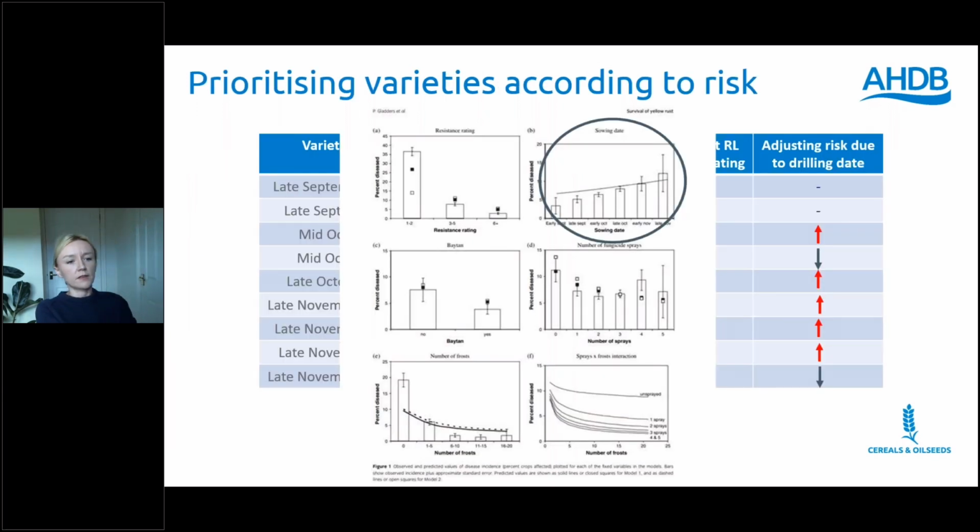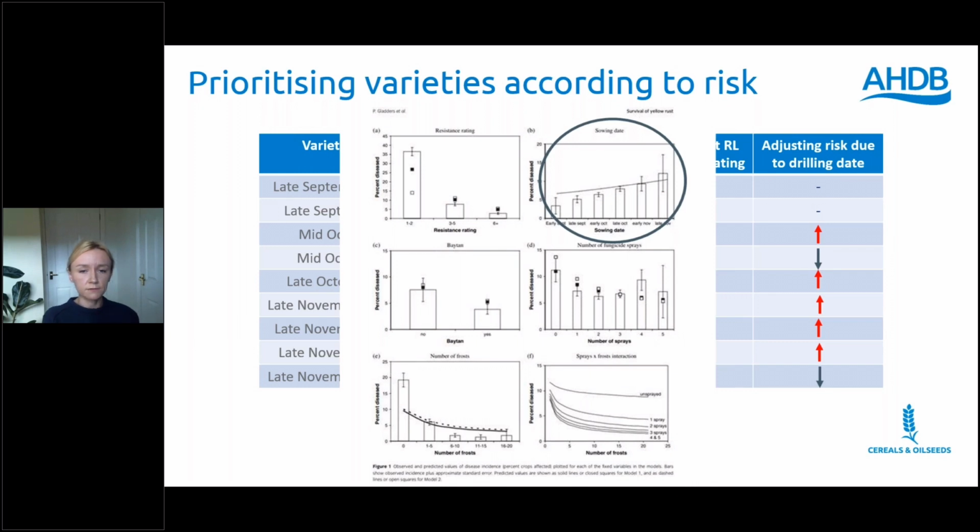And I suppose the first thing to think about is when you talk about yellow rust, we rely on a study that was done back in 2007 from Pete Gladders and colleagues over at ADAS, which looked at thousands of different fungicide-treated crops and looked at the epidemiology to find out what were the major factors influencing yellow rust development. Everything from variety resistance to sowing date, number of air frosts, and the number of fungicide sprays.